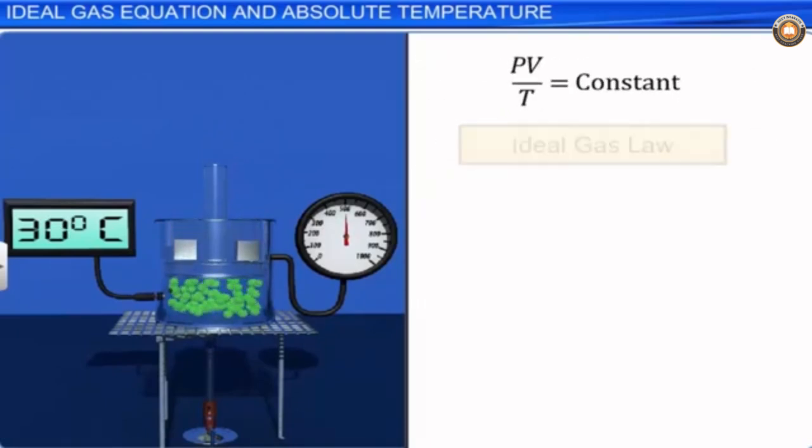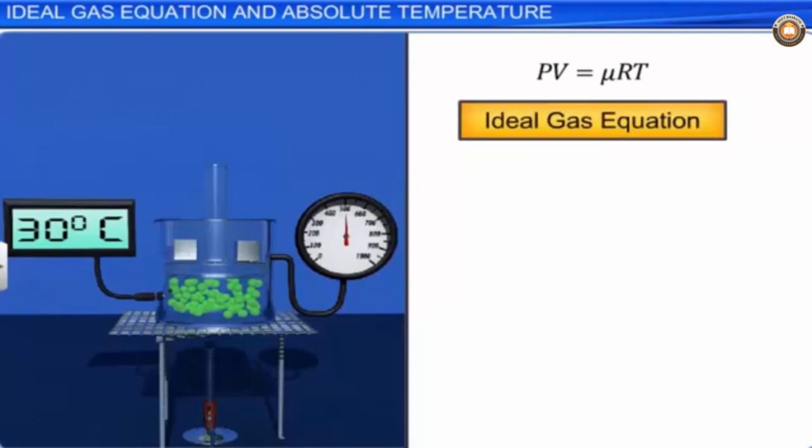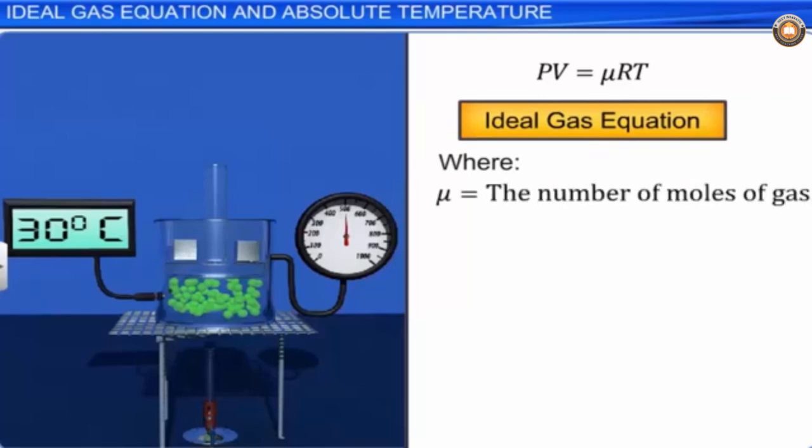This is known as the ideal gas law. PV = μRT is a generalized ideal gas equation, where μ is the number of moles of gas and R is 8.31 joule per mole per Kelvin, which is the universal gas constant.